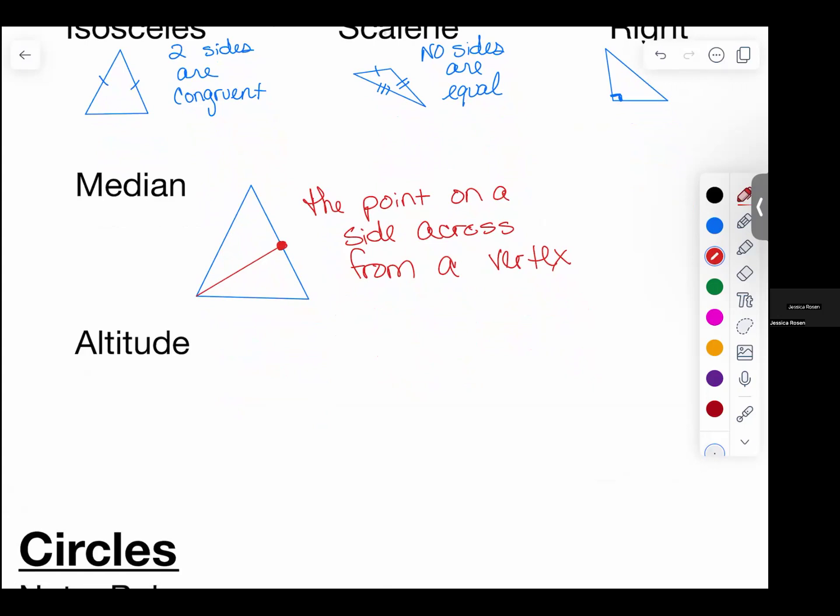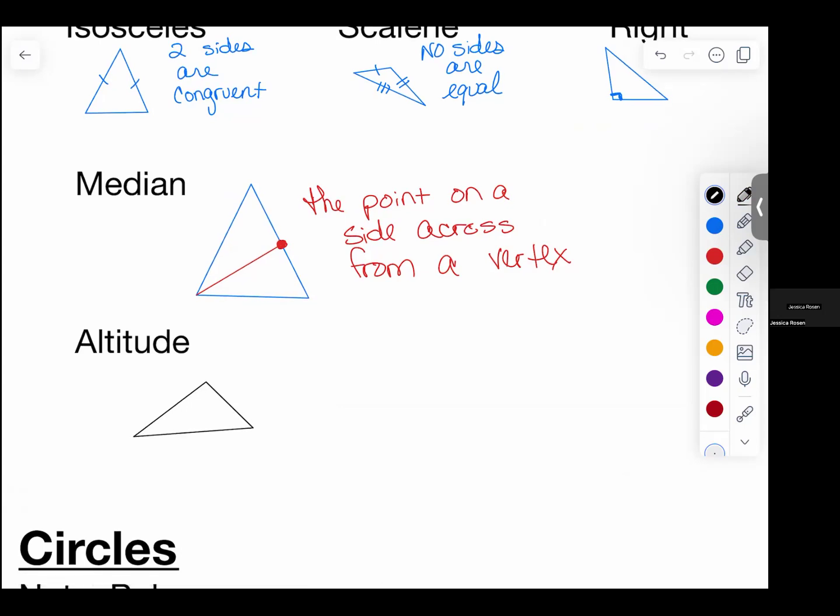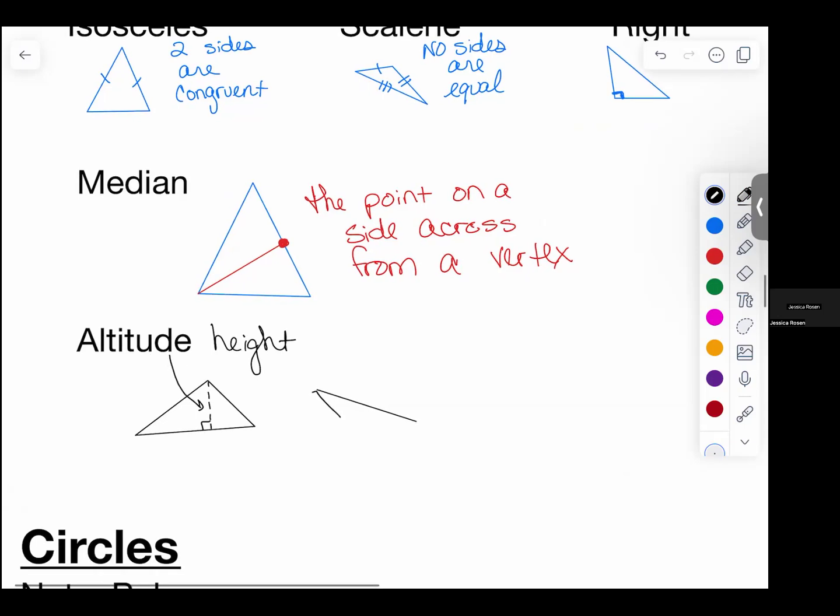Okay. Altitude has to do with height. There are a couple of things that you might see for the altitude of a triangle. If I have one that's not necessarily exactly straight looking, I could have something sort of like this, and my altitude is going to be the height right there. So altitude means height. And then there's also ways that maybe it looks like this, and you can't really get in there like that.